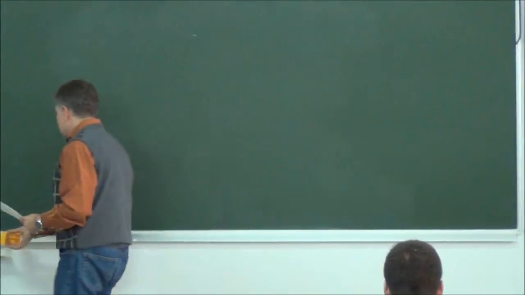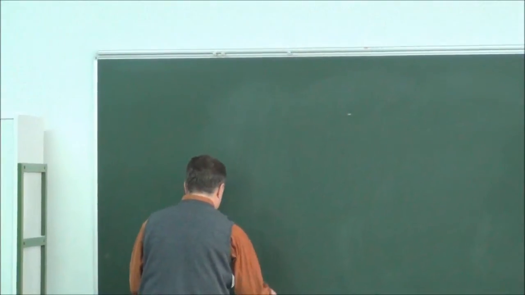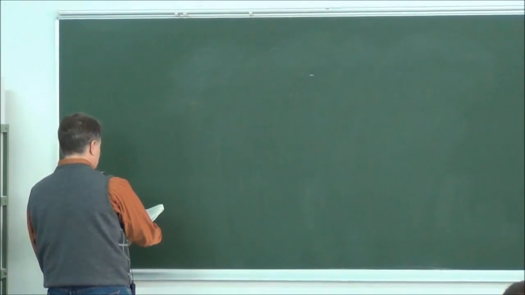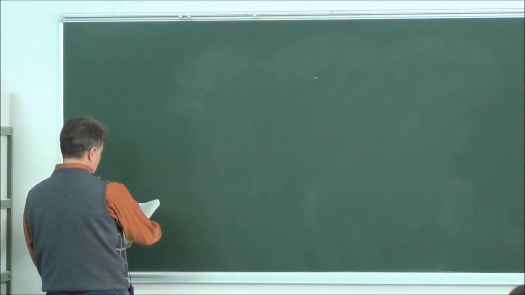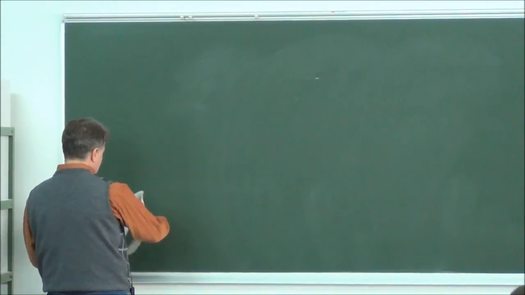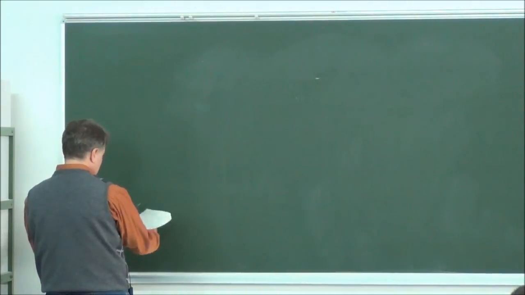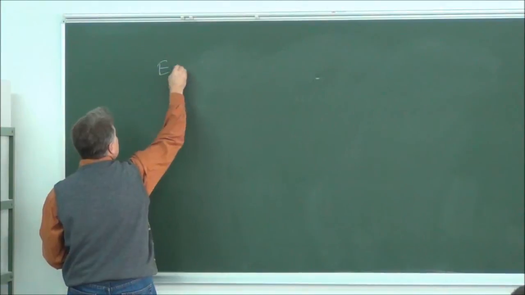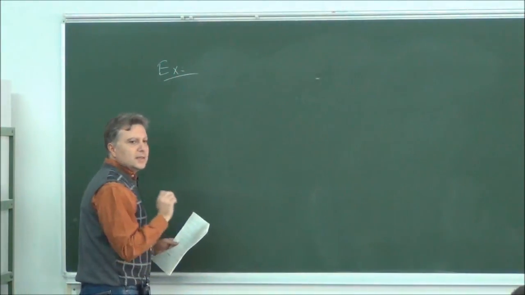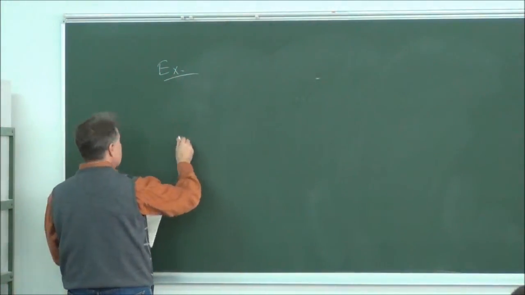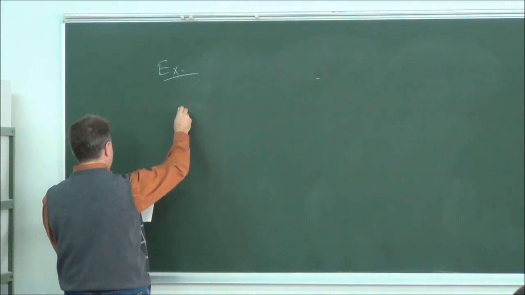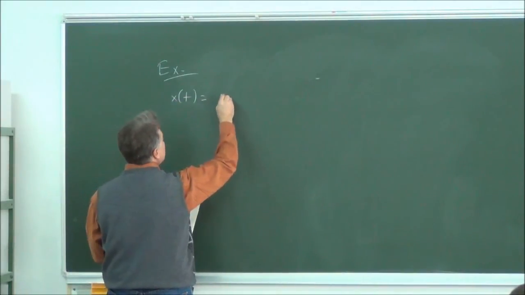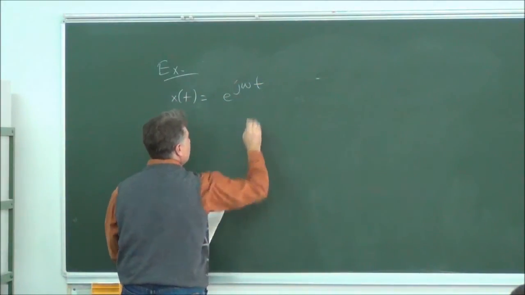We will start with only one expression. Well, anyway, let's assume that that's an example, and this example requires convolution, by the way. In this example, we have an x of t consisting of only one sinusoid, e to the j omega t.